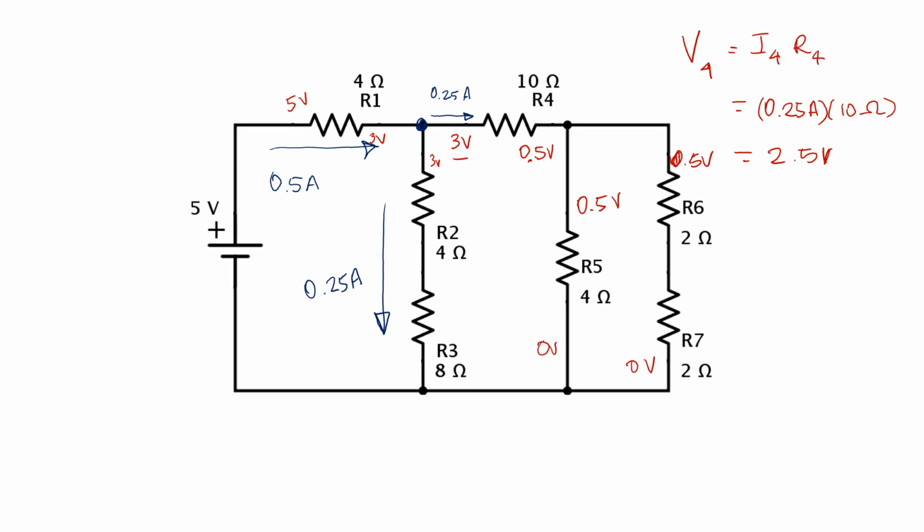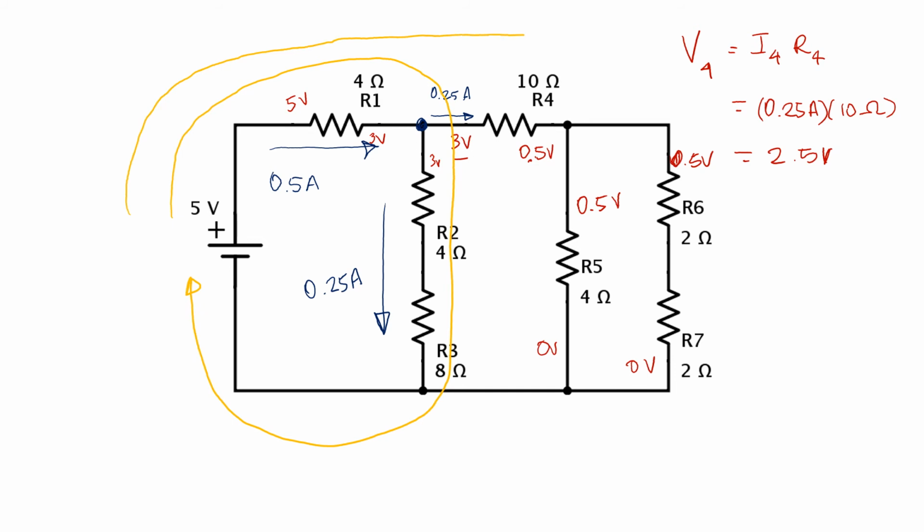So what that means is, as I work my way through any one loop, I start with 5 volts, I drop 2, I drop 3, and I'm back. And the difference between what I started with, 5, and what I ended with, 0, is 5 volts, so the potential difference. If I take the next loop, I'm going to do the same thing. I'm going to drop 3, I'm going to drop some more and drop some more and come back, and I have to be at 0.